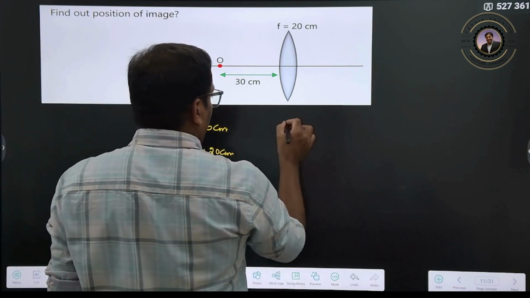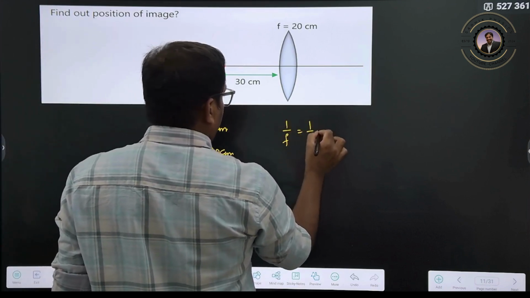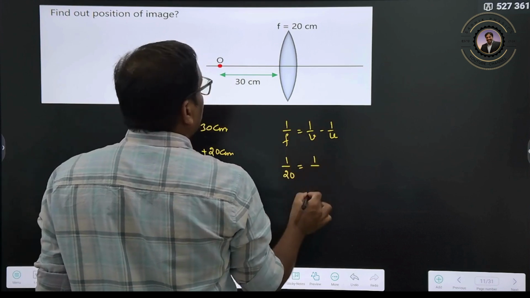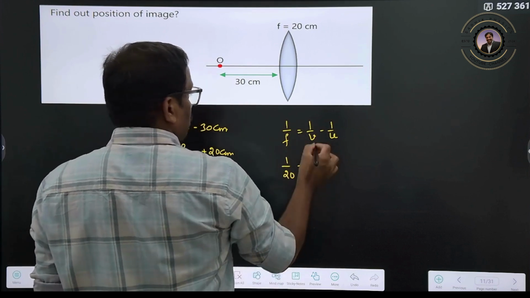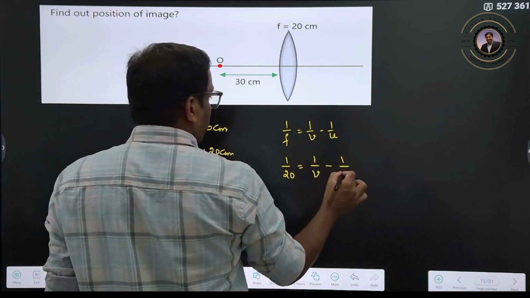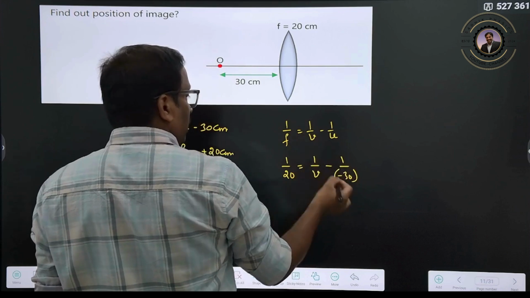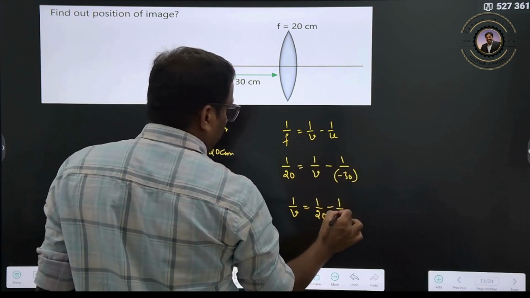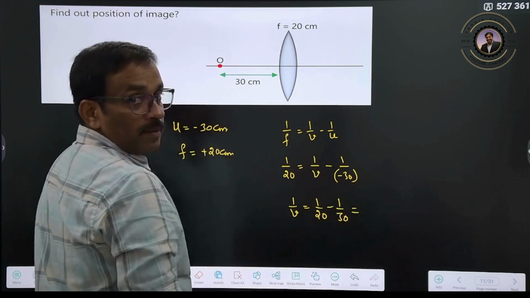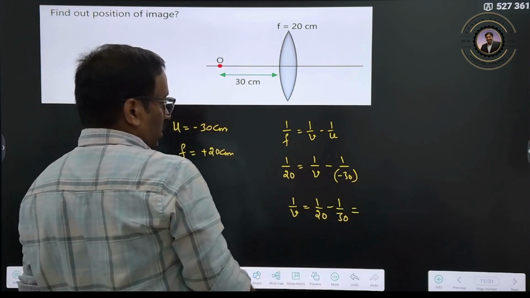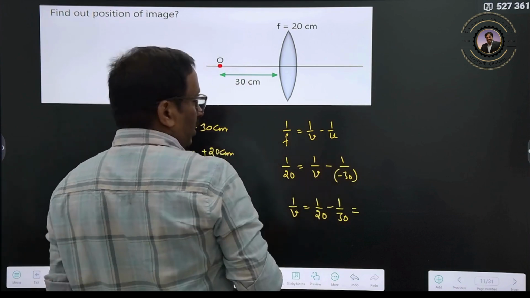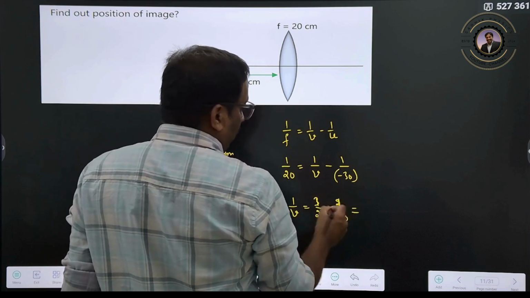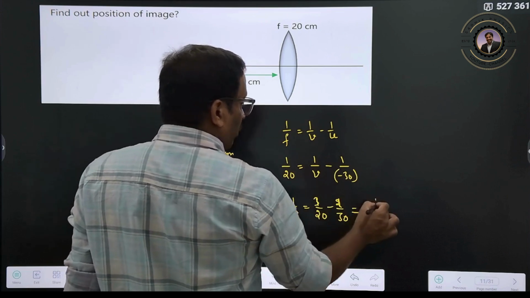Clear? So 1 by f is equal to 1 by v minus 1 by u. So 1 by 20, and we want to calculate 1 by v, so minus 1 by minus 30, minus of minus is plus, taken to this side, 1 by v is 1 by 20 minus 1 by 30. Taking 60 as the common multiple, multiplying by 3 and by 2, 3 minus 2 gives 1 by 60.